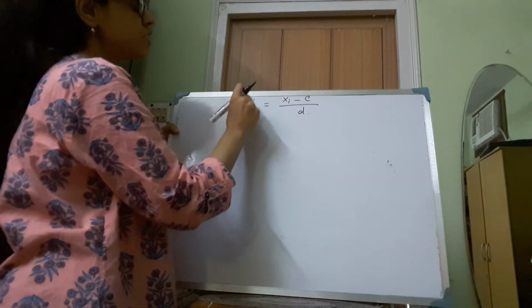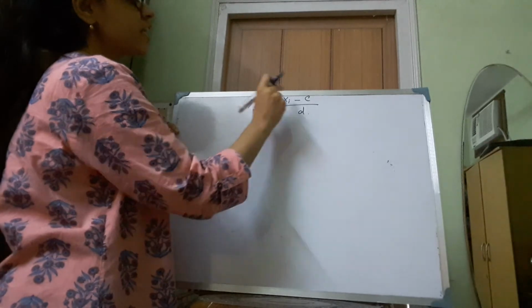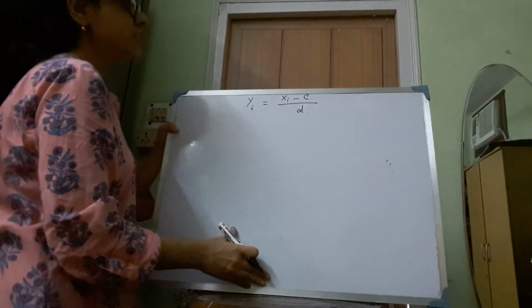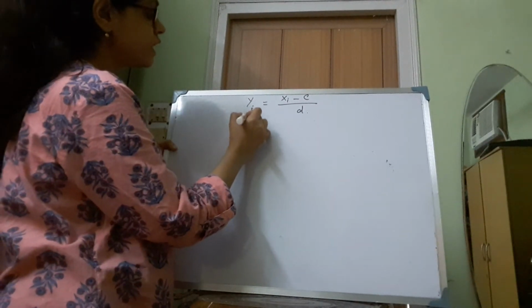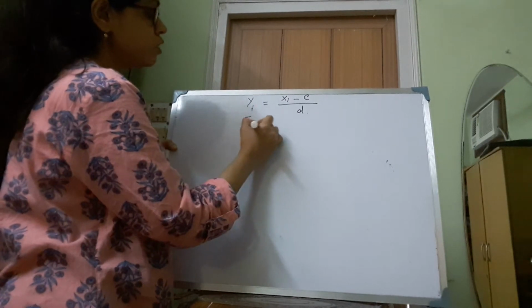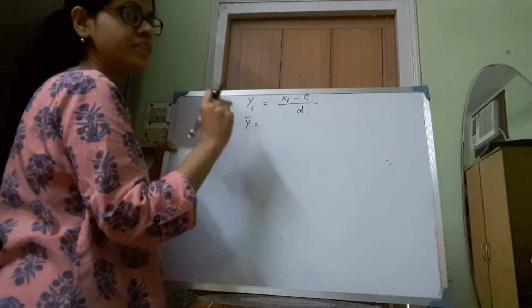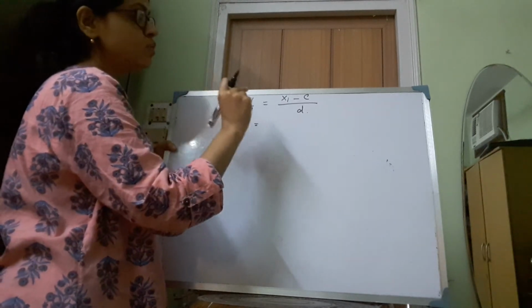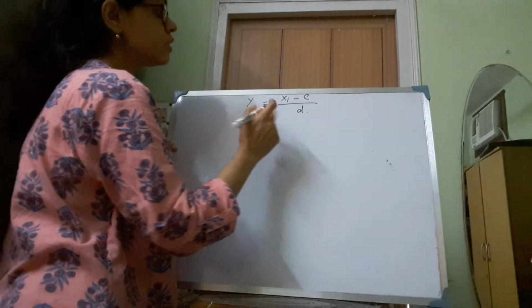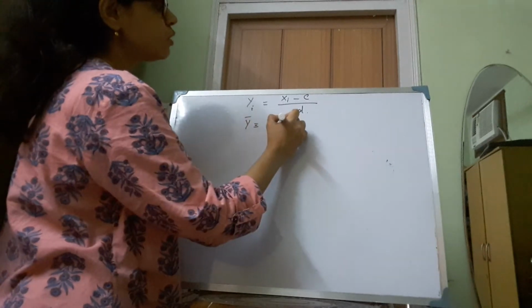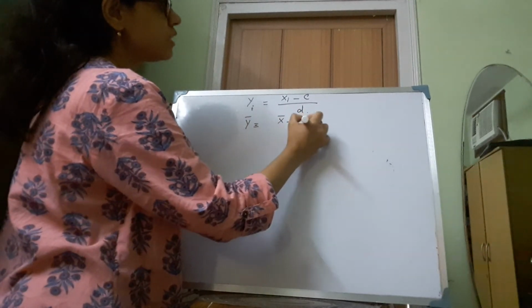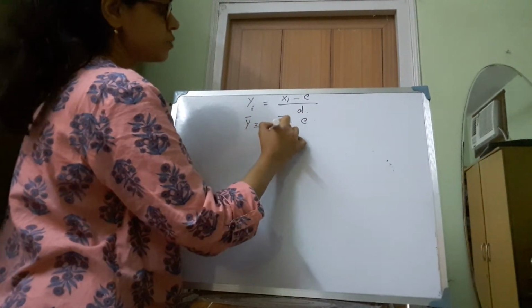So therefore in the transformed variable we have xi minus c divided by d. So from here we can get the value of y bar. By taking the summation on both sides, and then dividing the summation value on both sides by n, we get y bar is equal to x bar minus c divided by d.